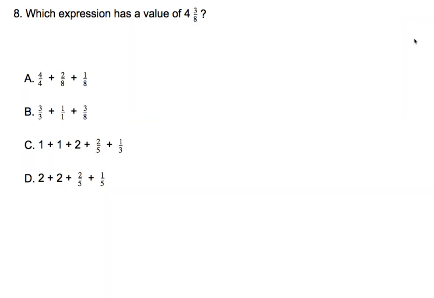Number 8, which expression has a value of 4 3/8? So remember, value means that it needs to equal 4 and 3/8. So I'm going to go next to each choice and see which one. Well, 4/4 is 1 whole plus 2/8 plus 1/8.